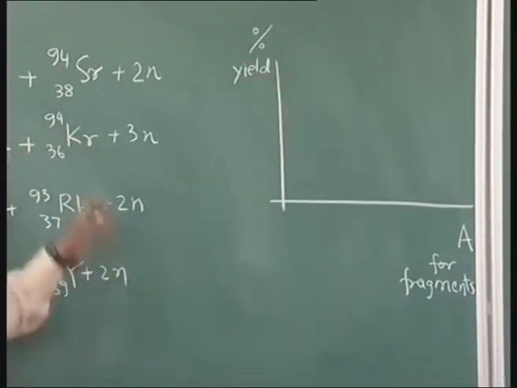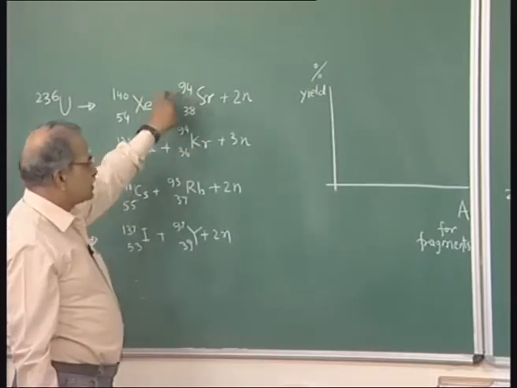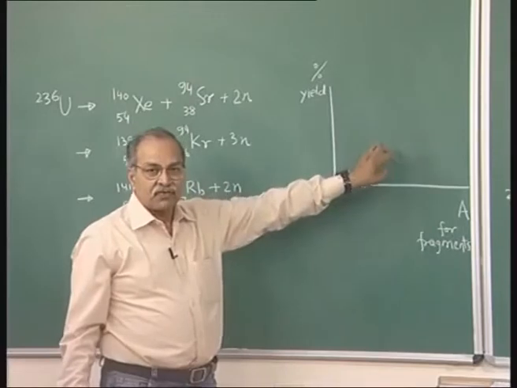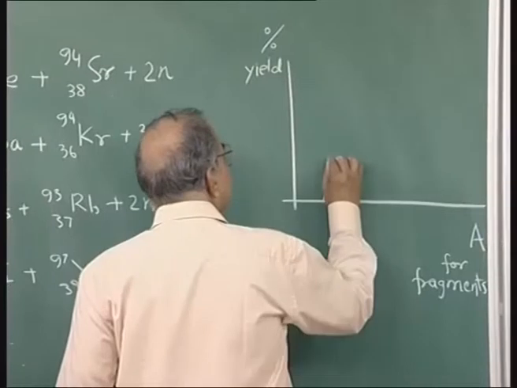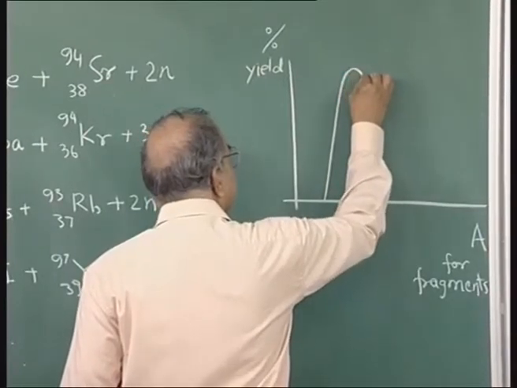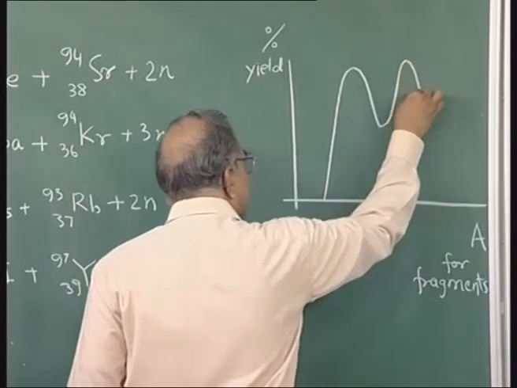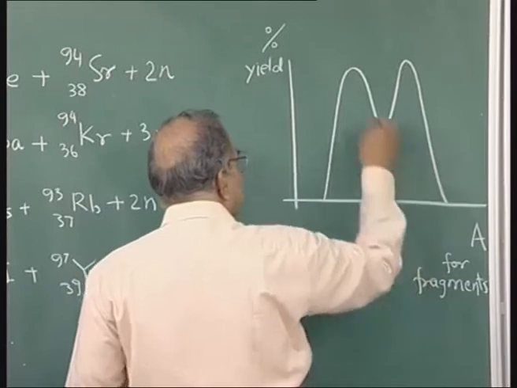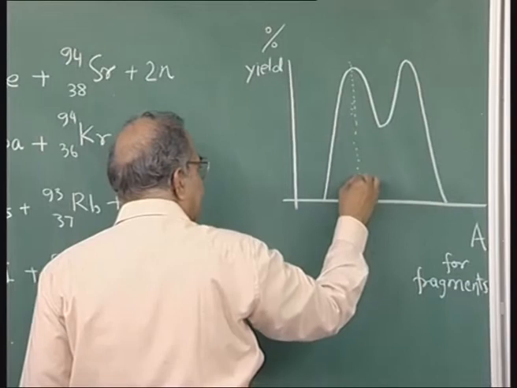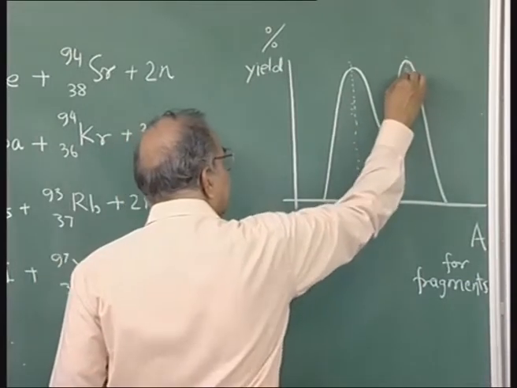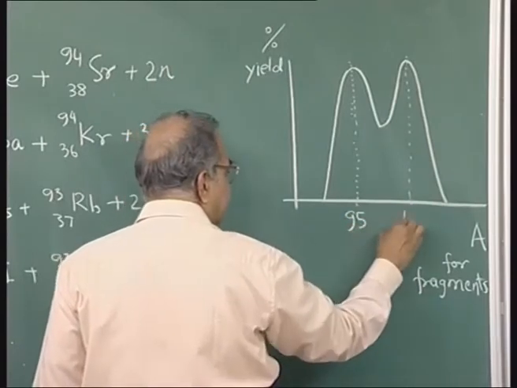In all the material that is here after this fission event, how much is this A and how much is that A, and so on. And if you do that, it turns out to be something of this sort. And these two humps, these two maxima, they are somewhere around 95 and 140.